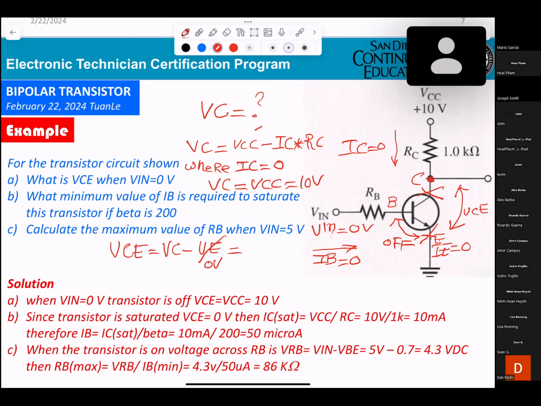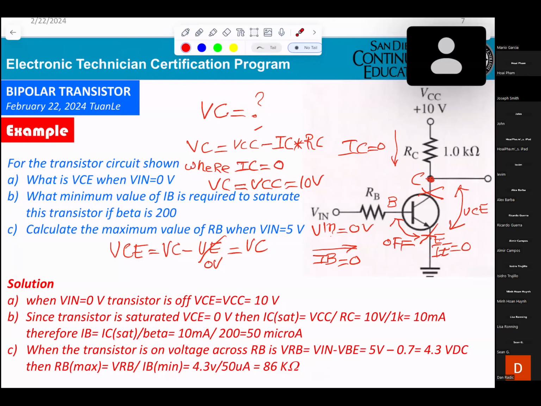So that will equal VC. They said right here, when V in is 0, the transistor is off. So that's why VCE equals VCC, equal to 10 volts. That's why I tried to explain how you get VC equal to 10.